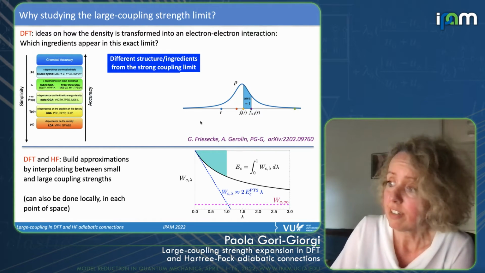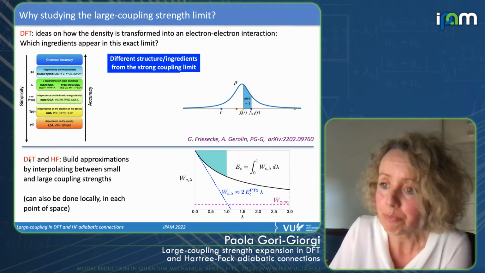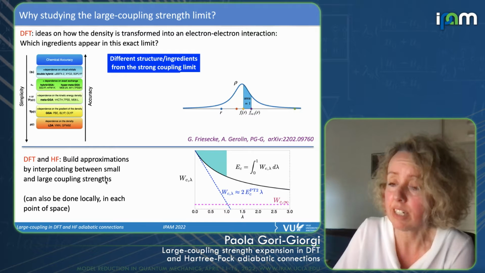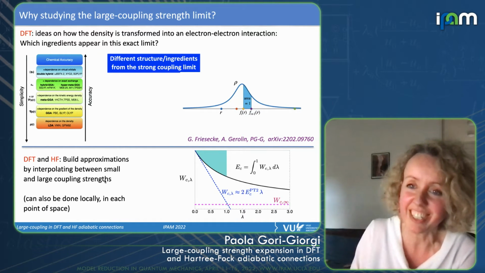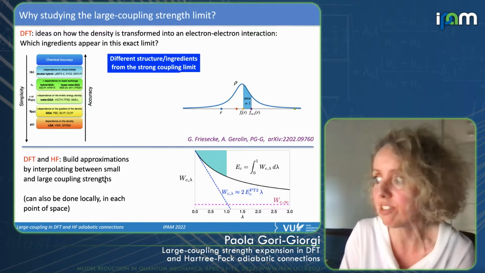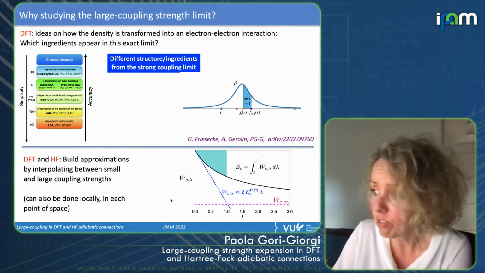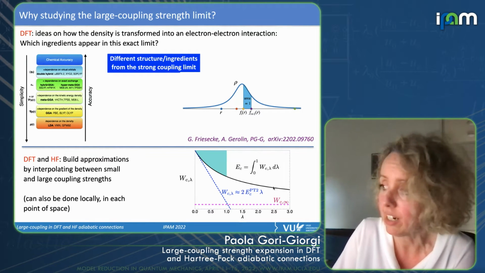The other part that will be mainly the focus of this talk, actually, it's both for DFT and Hartree-Fock, is the idea, which is actually quite an old idea, it even dates back to Wigner, who used it for the uniform electron gas, to build approximations for the correlation energy by interpolating between small and large lambda.